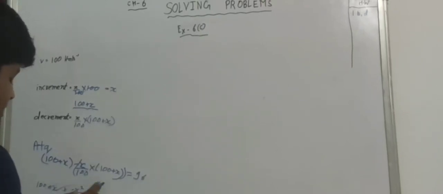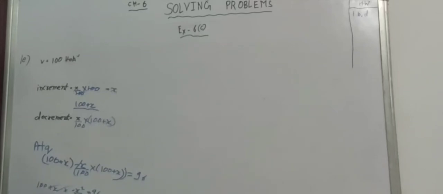Now this will be cancelled, same. Sending this to the side, you will get minus x square by 100 is equal to minus 4. Minus cancelled, x square is equal to 400. Now x is equal to plus minus 20. So the answer is 20.